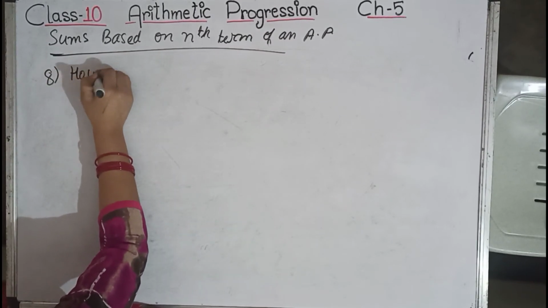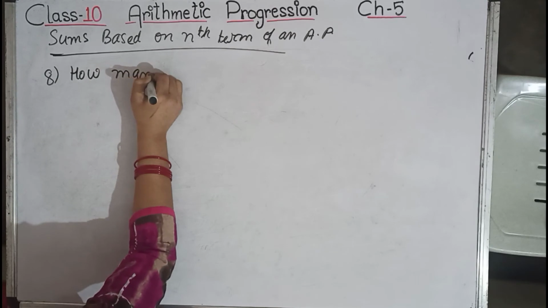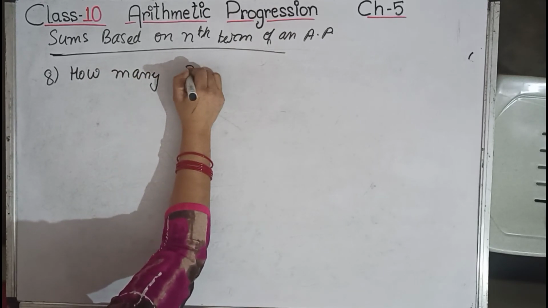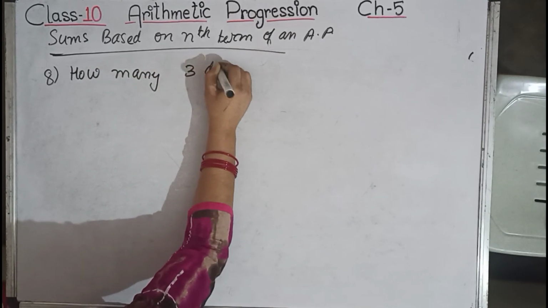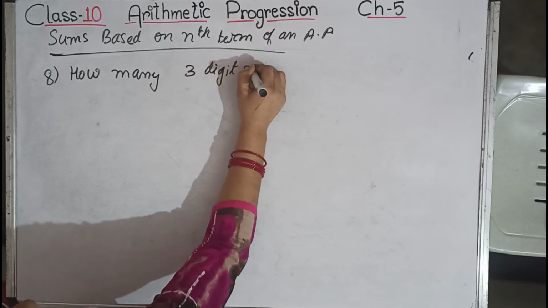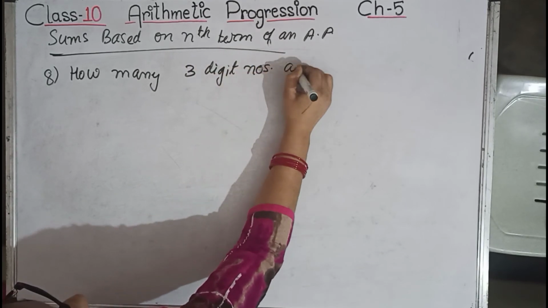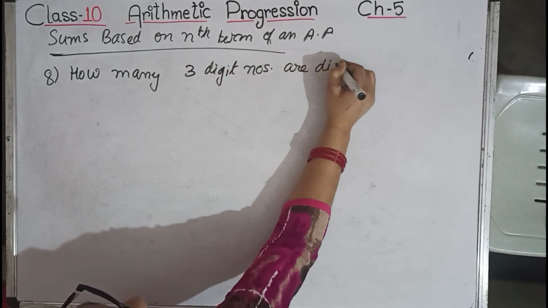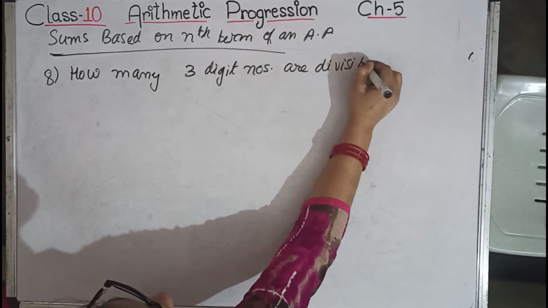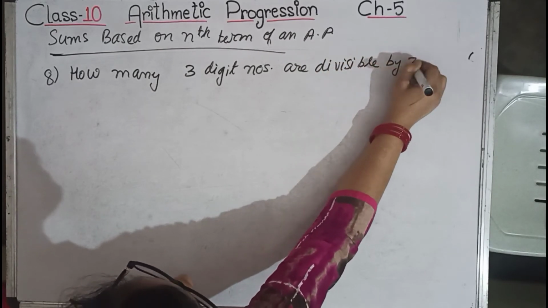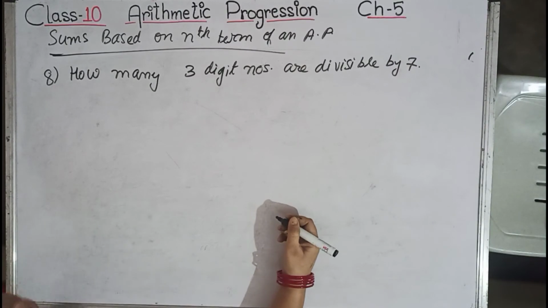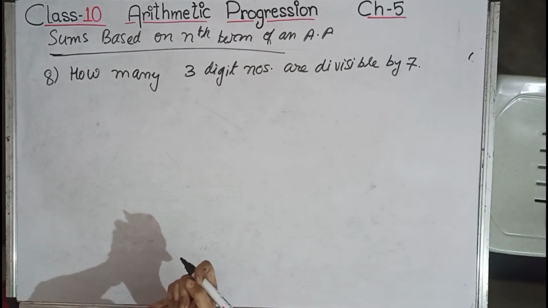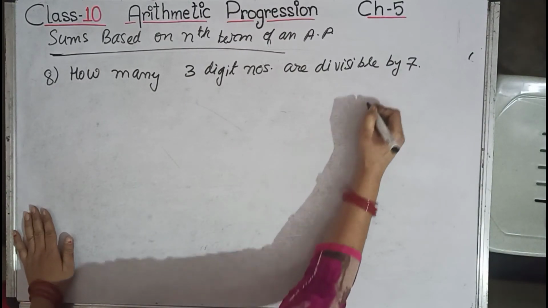How many 3-digit numbers are divisible by 7? So here we have to find the number of 3-digit numbers which are divisible by 7.